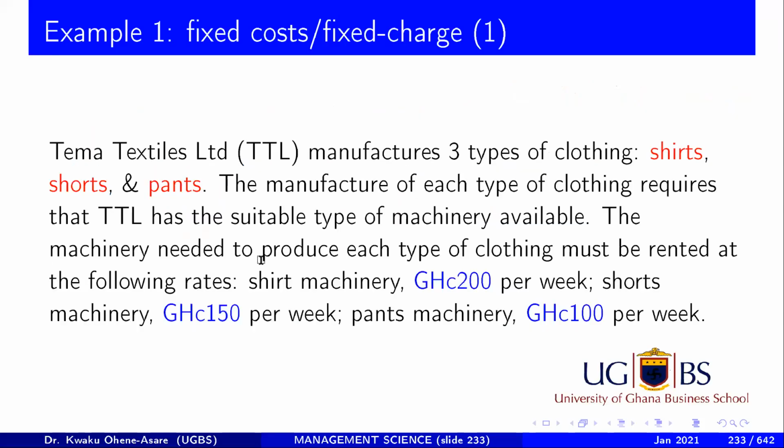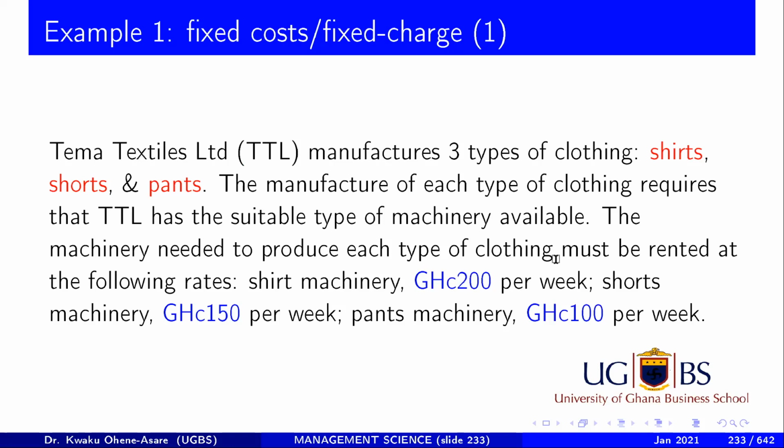The machinery needed to produce each type of clothing must be rented. Now, a decision variable is always something you're going to decide on. You're going to decide on the number of shirts to produce. You're going to decide on the number of pants to produce. Now, we are told that the machinery too must be rented.